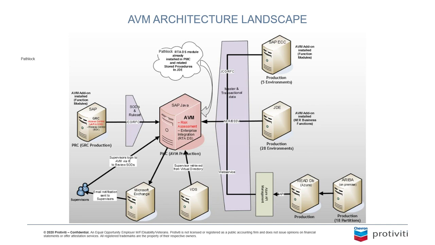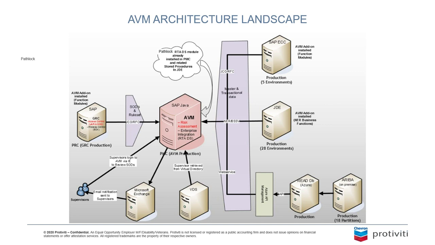And so all that risk logic, just to bring this back full circle, in terms of calculating how to determine if somebody has violated a risk, exists in AVM. It's pulling that user risk data from GRC, and it's pulling the associated transactional and master data elements from the source systems on the right there.